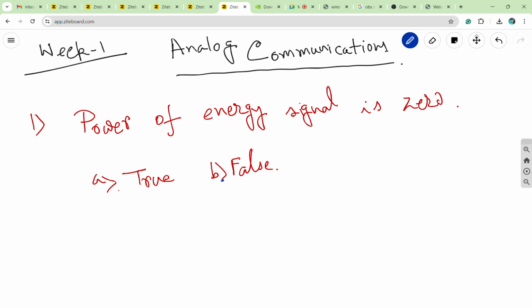Okay. So first, we'll try to distinguish between a power signal and an energy signal throughout the whole coursework. So the statement is correct actually. The power of an energy signal is always zero.